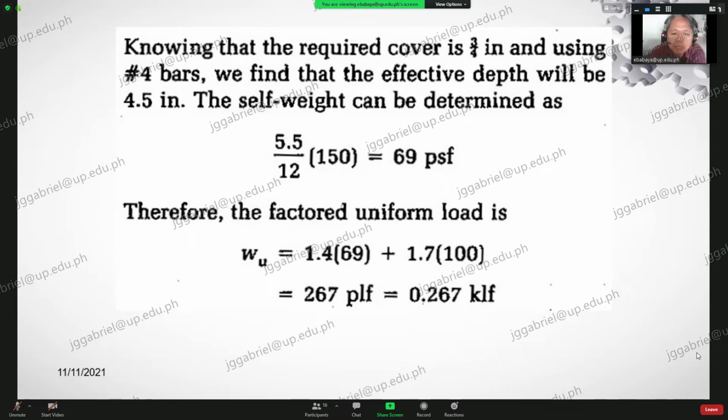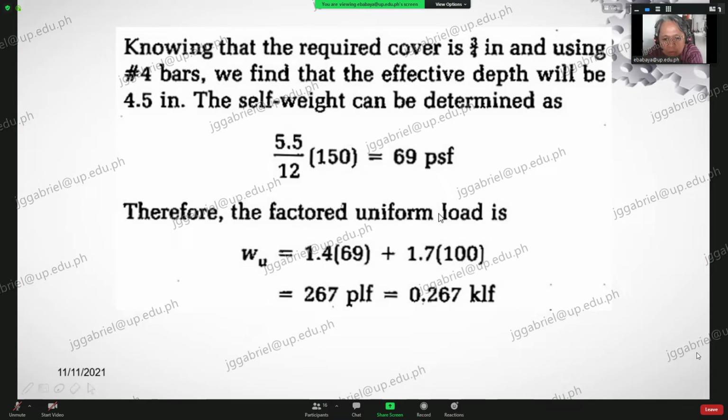You have to divide that by 12 so that this 5.5 is converted to feet. Okay, 5.5 inches kasi ito. Divided by 12, it becomes feet. Ito kasi 150, this is 150 pounds per cubic foot. Okay, so if you do this, you get 69 pounds per square foot.